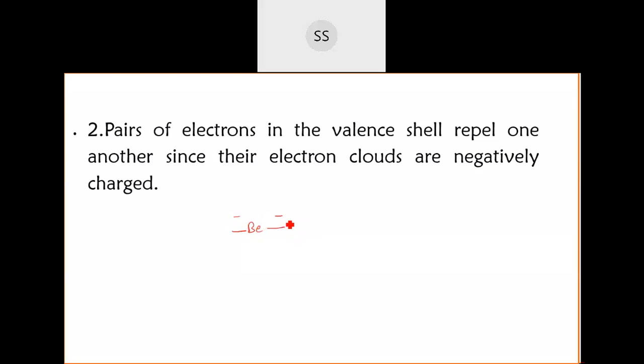For beryllium, we saw 2 electron pairs when they are combining. Since these are electrons, they are negatively charged, and like charges repel each other because they can't go well along with each other. So the negative charges in these valence electrons repel one another. That was the next postulate.